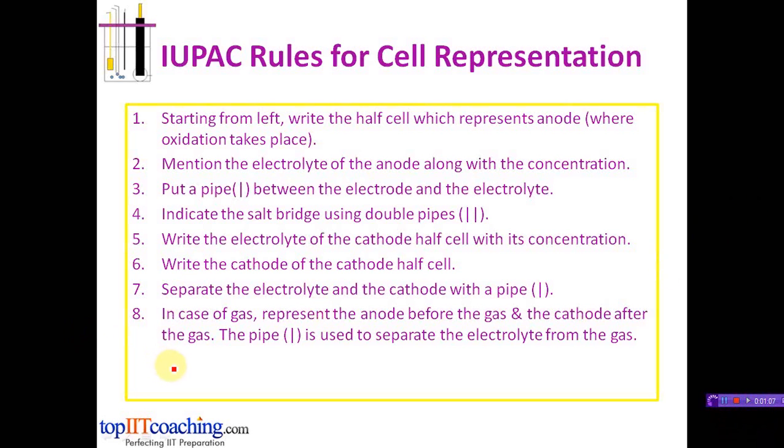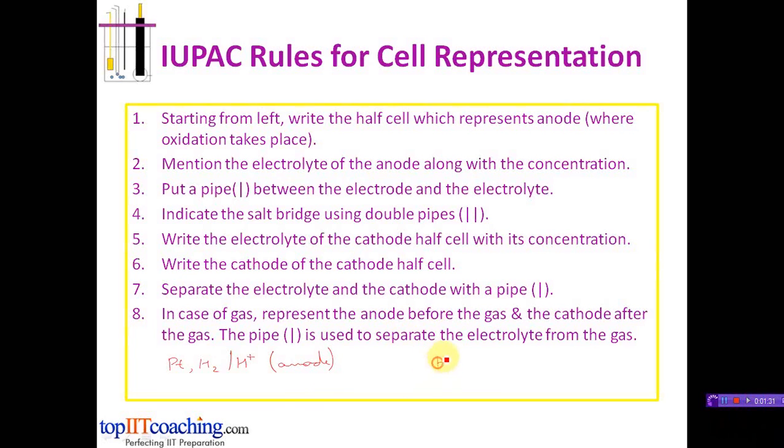For example, in case of platinum electrode, for anode we are going to write platinum, which represents the anode, H2, that is the gas, and then H plus after the pipe, which represents the electrolyte containing hydrogen ions. This representation is meant for anode.